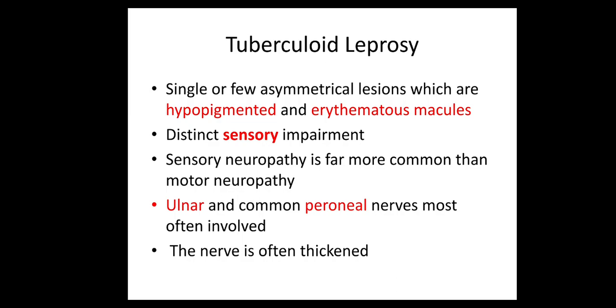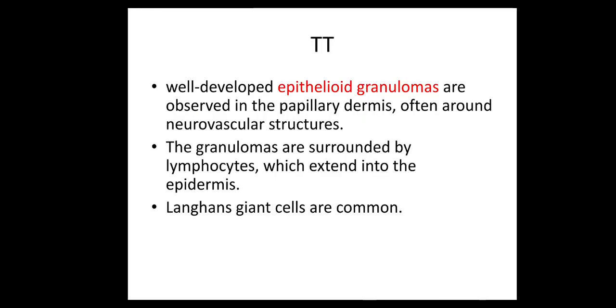Nerves are usually involved, and the commonly involved nerves are the ulnar nerve and the common peroneal nerve. There is thickening of the nerve associated with this. Here is the hypopigmented patch which you can see. In tuberculoid leprosy, usually the bacterial load is less, but host immunity is very strong, so you will have more of an aggressive form of reaction.